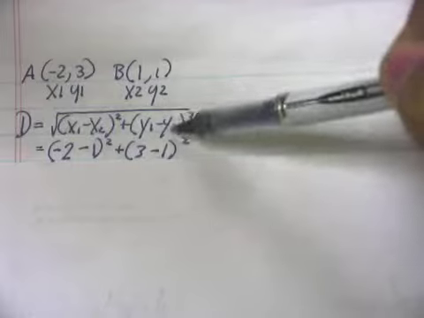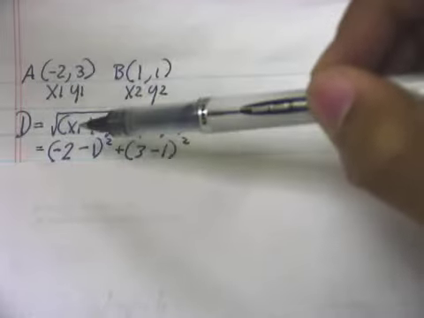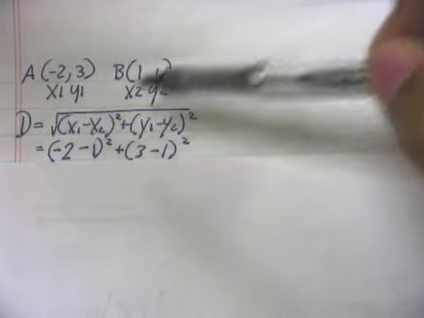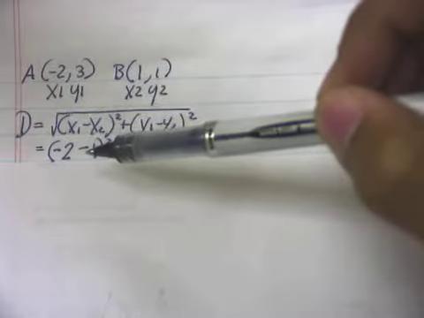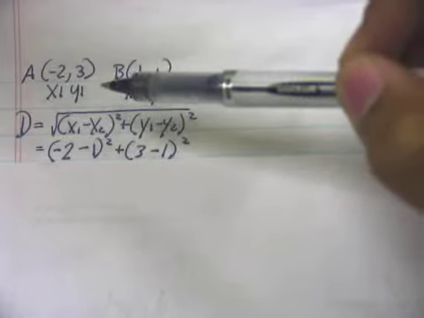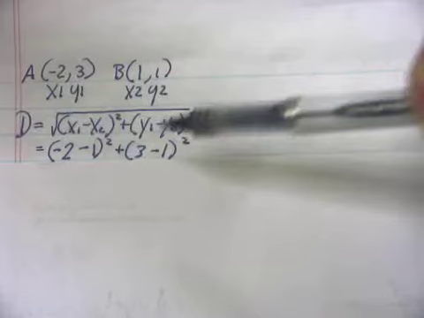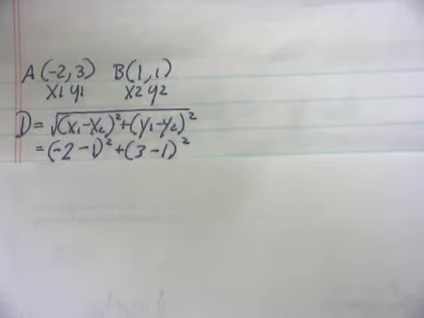And then I started plugging in. So x1 is -2 minus x2, which is 1. And then I have y1 minus y2.